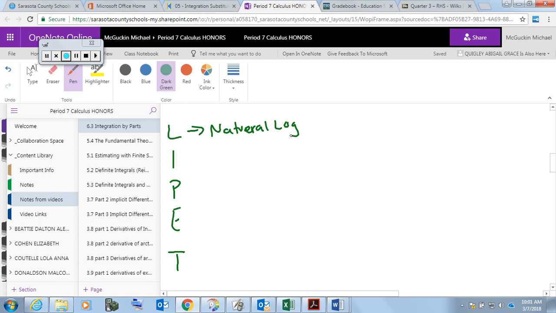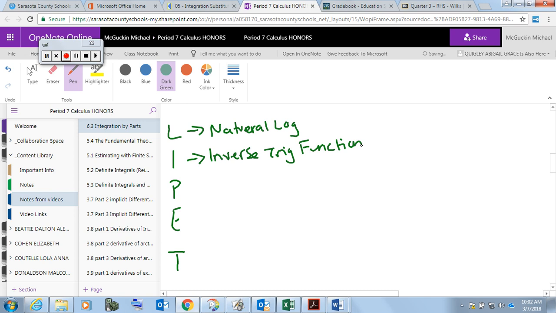Let's say there isn't a natural log for us to use. Then we would look for some kind of inverse trig function. So option 2 would be an inverse trig function. So first choice would be the natural log. The second choice would be the inverse trig function.